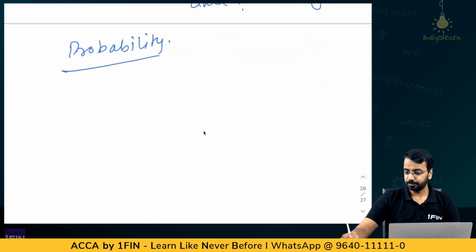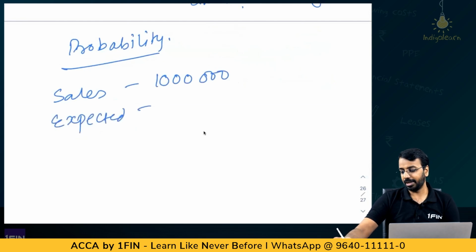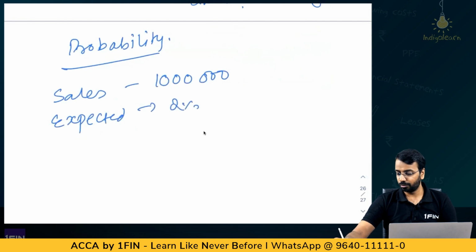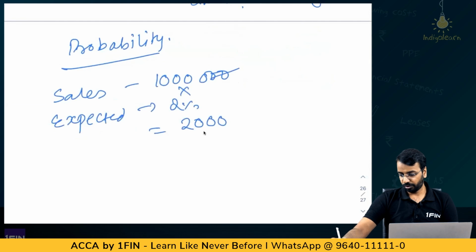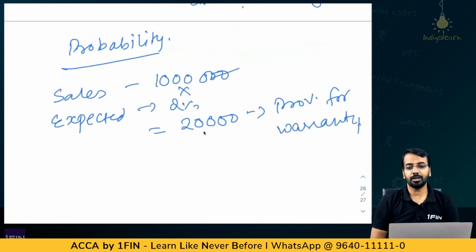For example, sales is 1 million, expected warranty claim is 2%. So what you do, 1 million into 2%, which is 20,000, is your provision for warranty. Okay, so that is the provision for warranty.